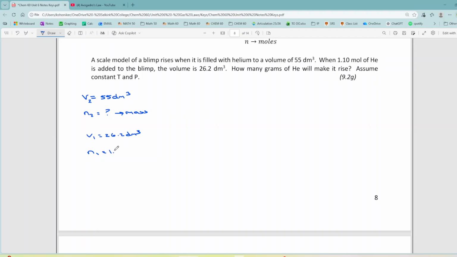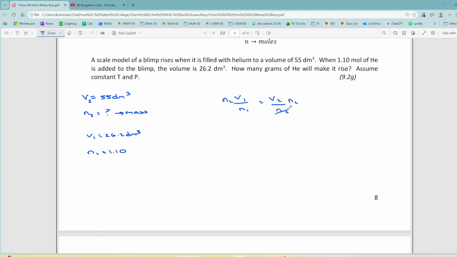N1 is 1.10. So we're going to be solving for N2, and then we're going to be converting that to mass. So we're going to set up V1 over N1 is equal to V2 over N2. And like always, you can rearrange the equation first, or you can put numbers into it. So for me, if I was going to solve for N2, I would multiply both sides by N2.